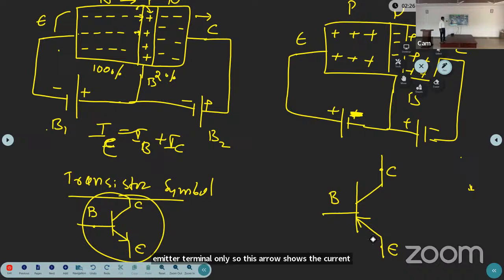So the symbol of the NPN transistor as well as the PNP transistor. Note down. Transistor symbol NPN and PNP. Is it clear? The construction and operation of the transistor, how it is constituting a current, that is the operation.